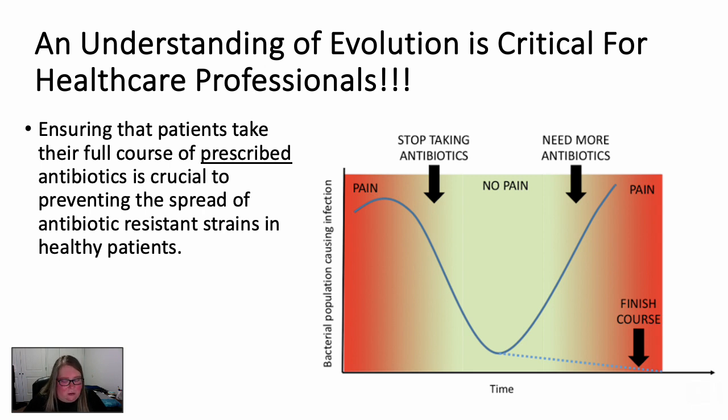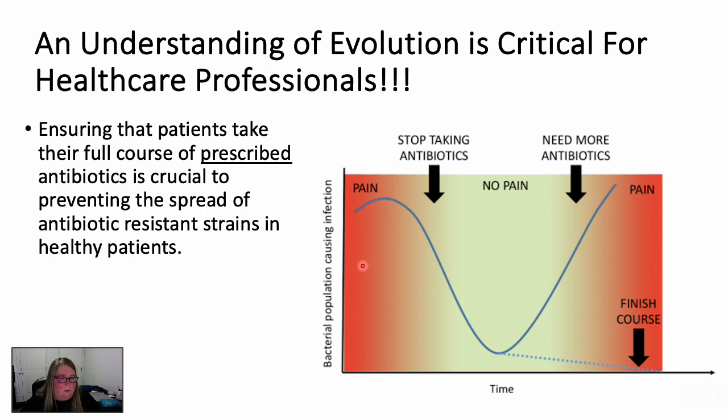Okay, so not only should we watch out for the overprescription of antibiotics, as well as making sure patients take their full prescribed course. Okay, so this is an interesting curve. Okay, so this is what's happening in terms of pain with the symptoms in your patient. Okay, so the line is the bacterial infection.